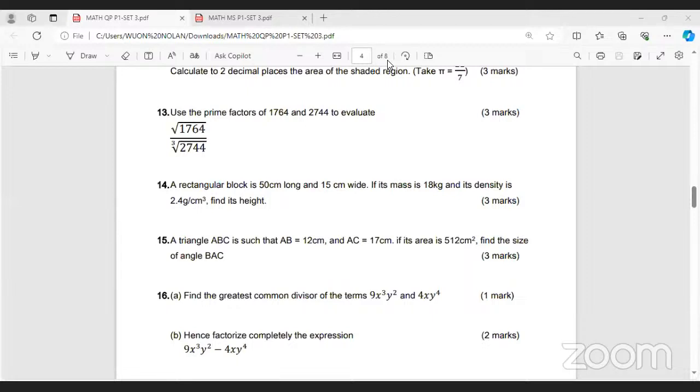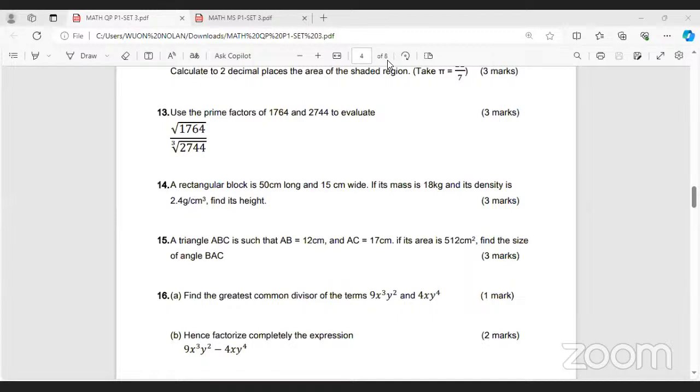Yes, 2 squared, 3 squared, 7 squared. That must be seen somewhere. The other number, 2744. Helmut: 2 cubed times 7 cubed. So when those two are seen, that is when we give you the first method mark.